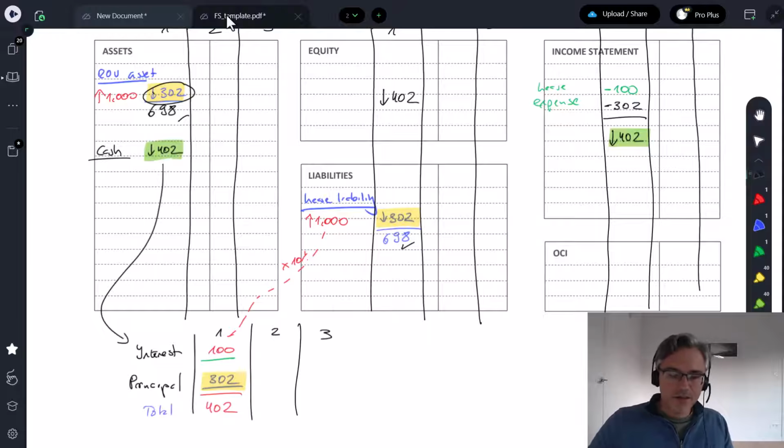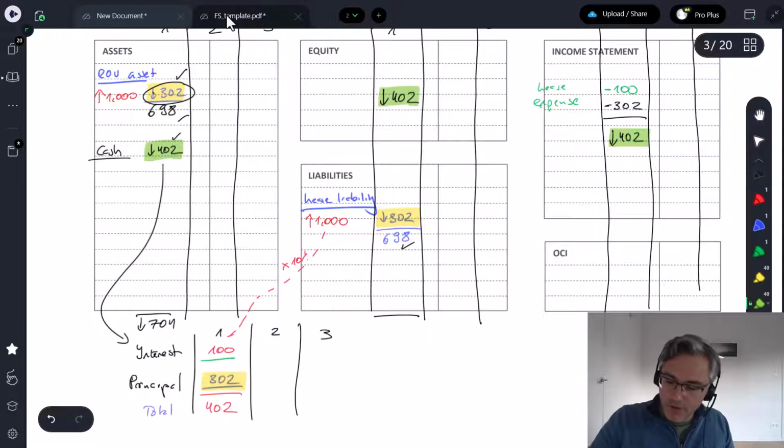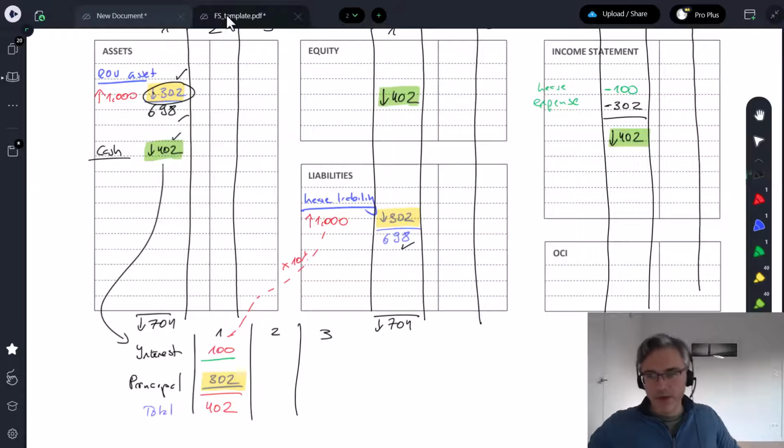So as you can see, hopefully, what we do to assets, 302 and 402 down, a total of 704, is exactly the same as the overall decrease to equity and liabilities, making our balance sheet keep its balance.